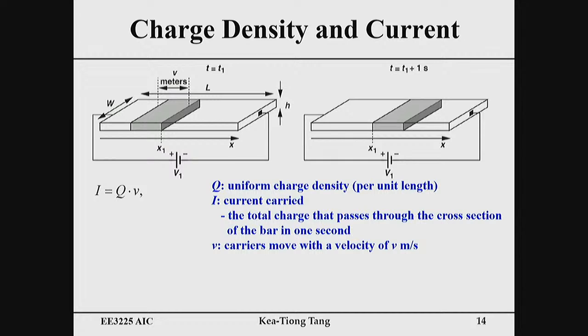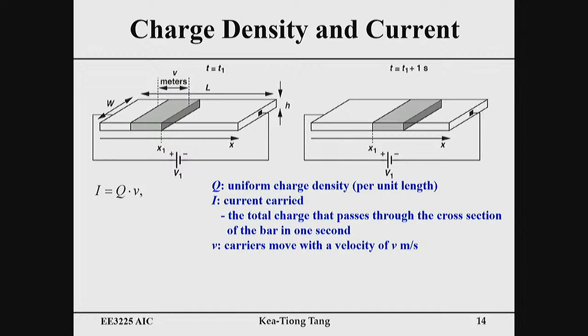If you remember, the definition of current is, in a unit time, how much charge can flow. We just defined a channel charge density, which is the charge per unit length. And in a unit time, how much length can we have?